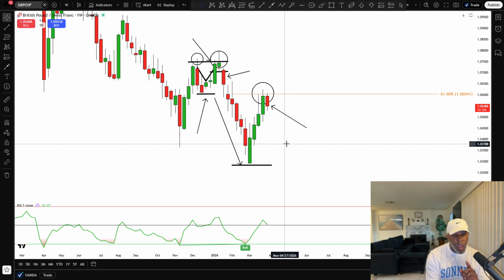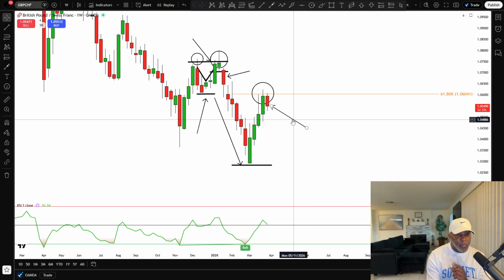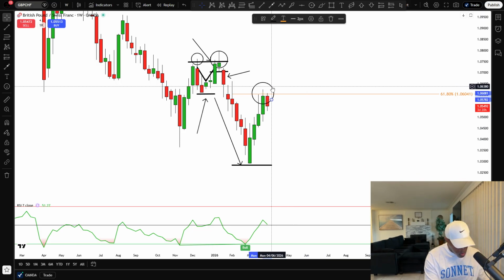Okay. So we have 4 days left in 20 hours. Today is only Monday. The weekly candle is not going to close until Friday, meaning a trader that's going to be disciplined is going to have to wait that out. The good thing about waiting that out is, let's say it doesn't close red.